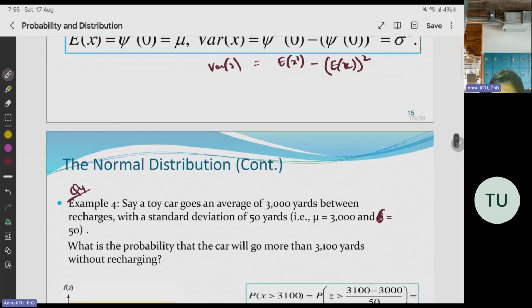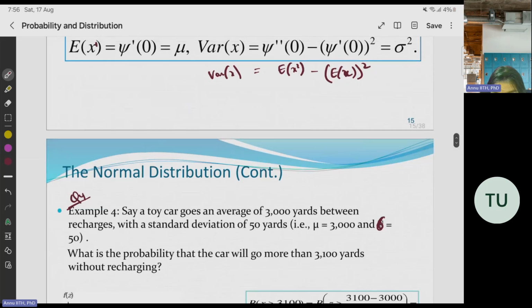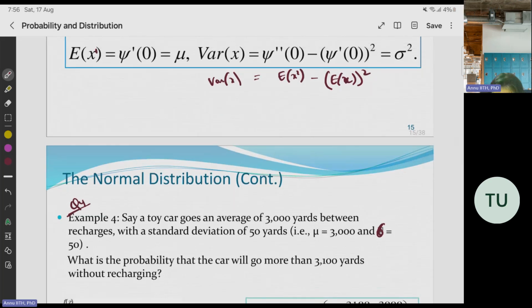What is the probability the car will go more than 3,100 yards without recharging? So it is asked: P of X greater than 3,100.